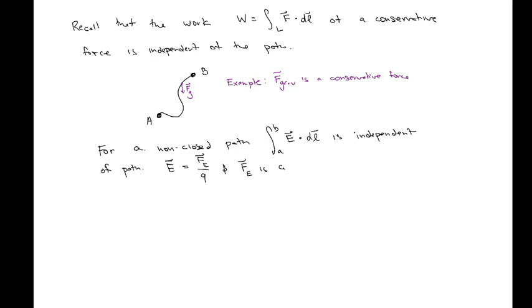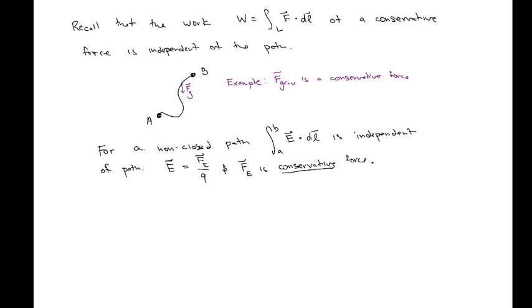So the electric force is a conservative force. And again, if you need to remind yourself what a conservative force means, you could crack open your 182 textbook, or you could probably just Google it and find some good information online.